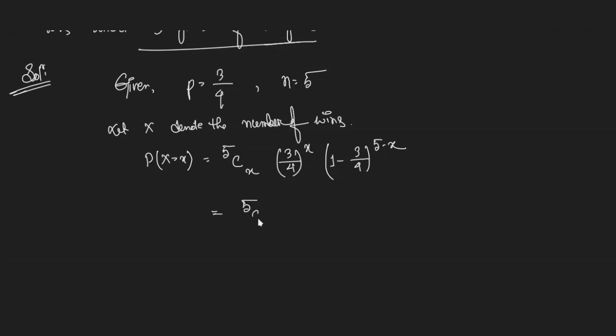So we can simplify it: 5Cx times 3/4 to the power x times 1/4 to the power 5 minus x.